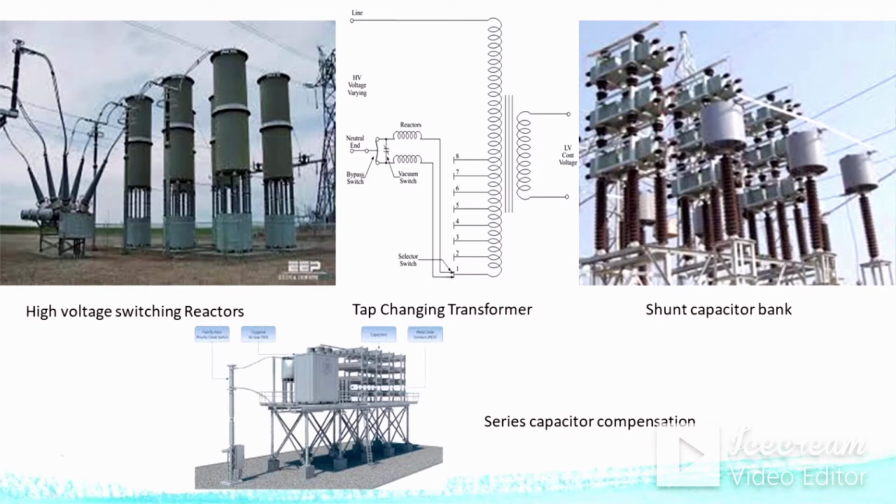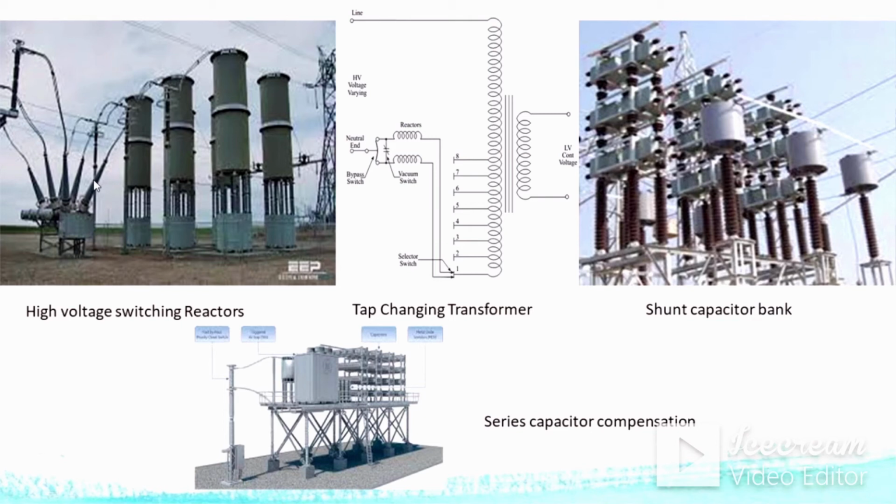So these are the real time inductors or the compensations which they have applied. These are the high voltage switching reactors. Whenever the switching does take place, there is a sudden surge in the voltage because a huge amount of load is removed, lagging load is removed.